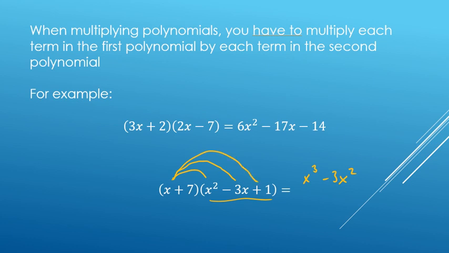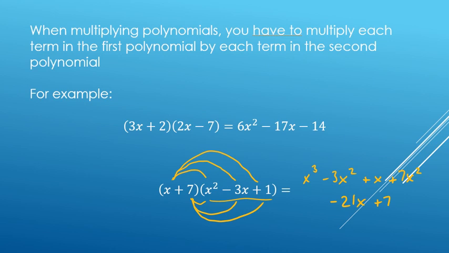x times the plus 1, plus x. Now I have the 7 times the x squared, so plus 7x squared. 7 times the minus 3x gives me minus 21x. And then I have the 7 times the 1, plus 7.